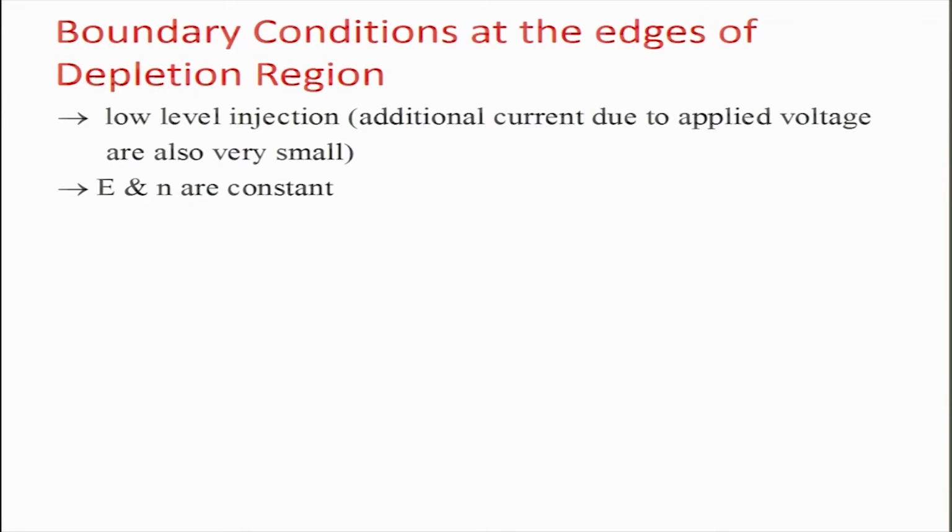Now, to solve these equations we need the boundary conditions. At the edge of the depletion region, first we assume that there is a low level injection condition, right, and also that the additional current that we apply because of the applied voltage is very small, at least in the depletion region. And we assume that the electric field and the majority carrier concentrations are constant.